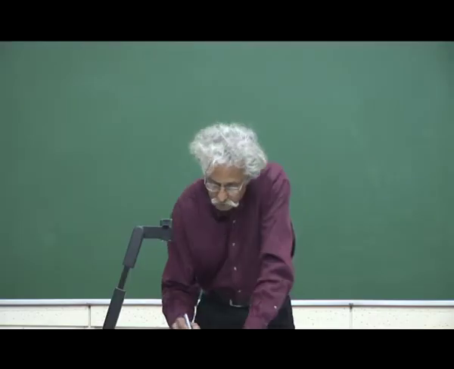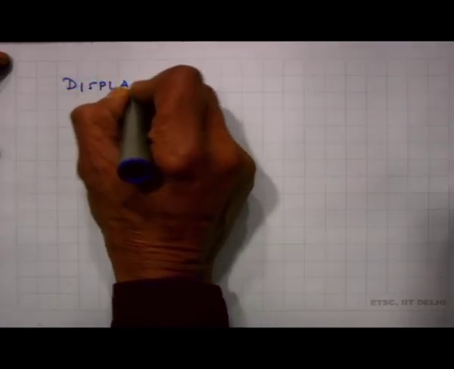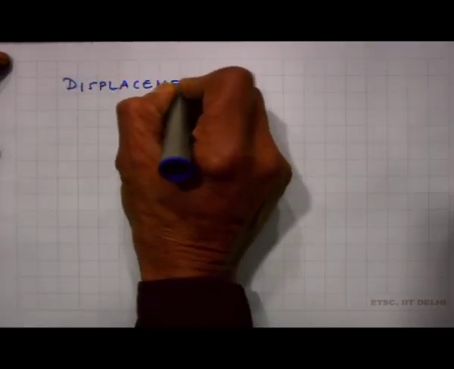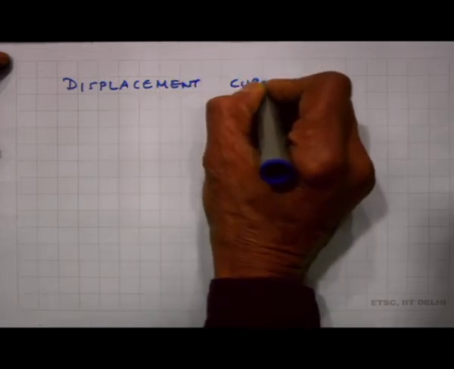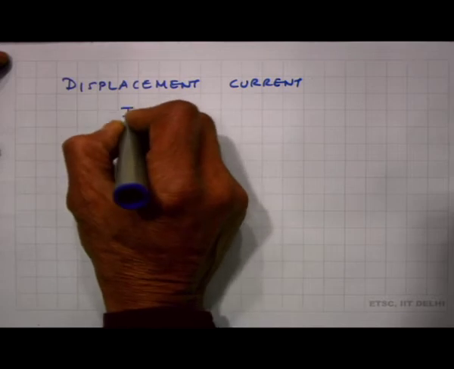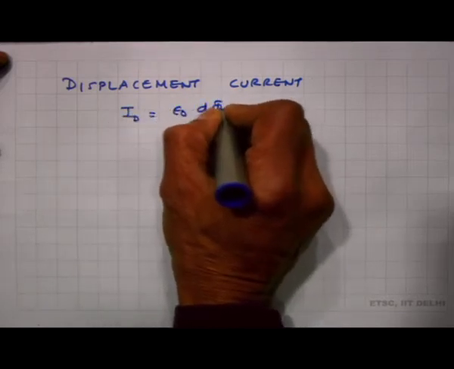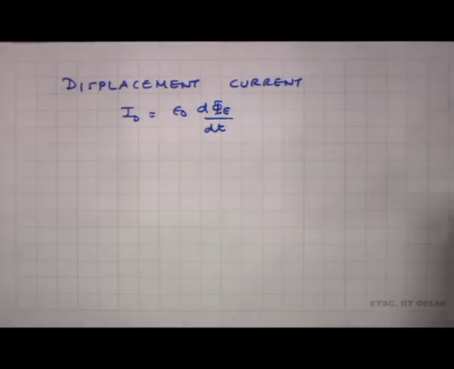So, I call the displacement current I d, equal to epsilon 0 d phi e by dt. So, that is the displacement current.